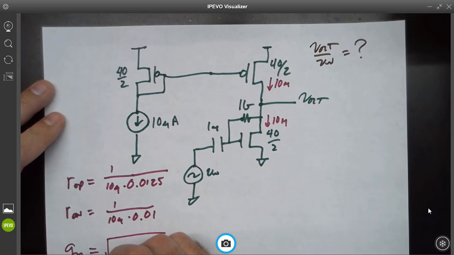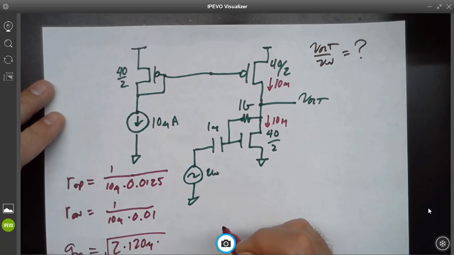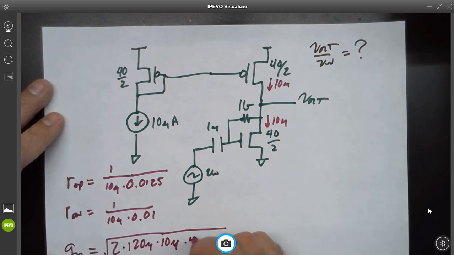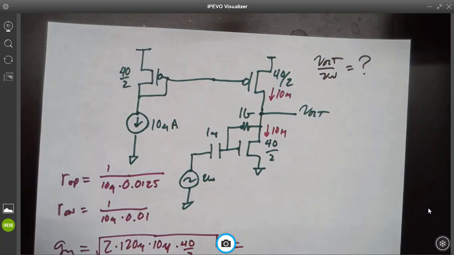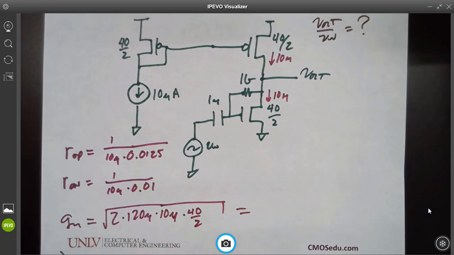Square root of 2 times... all right, do I need to get my calculator out, or can somebody tell me what these are equal to?